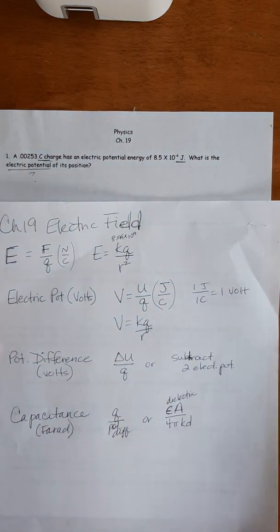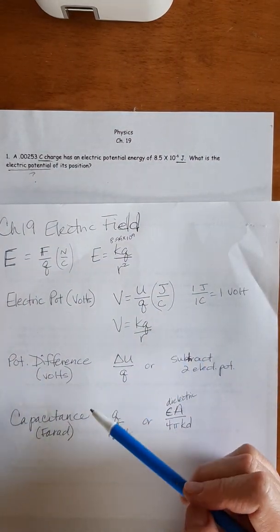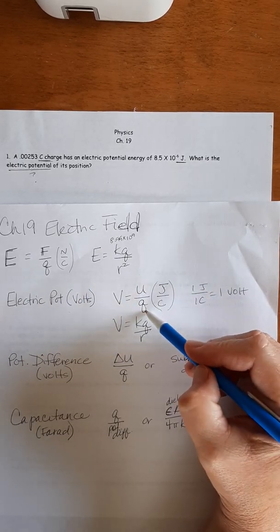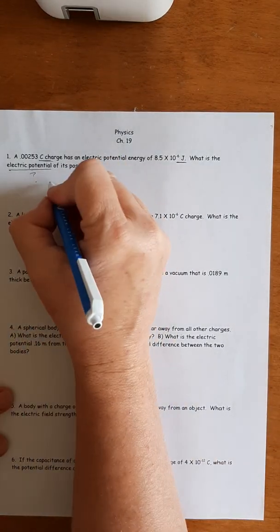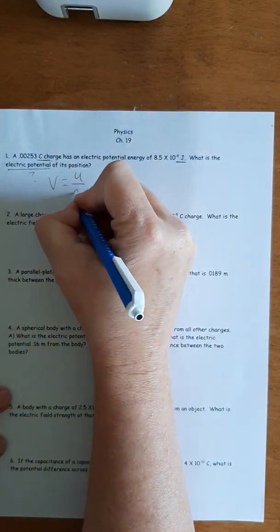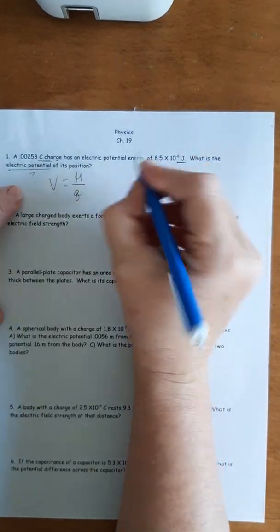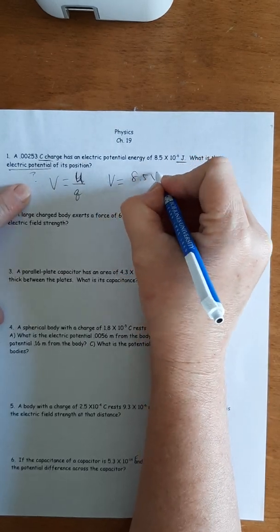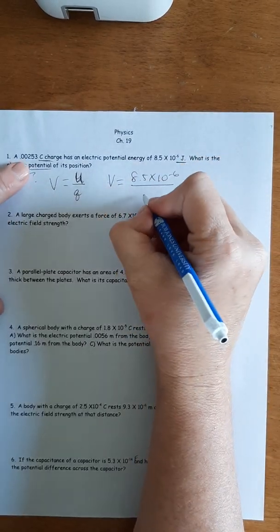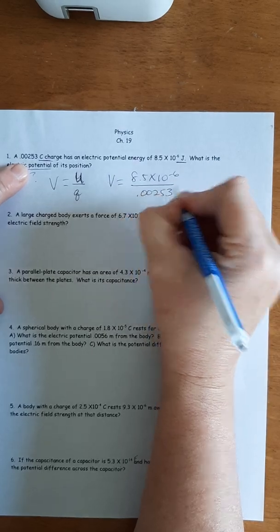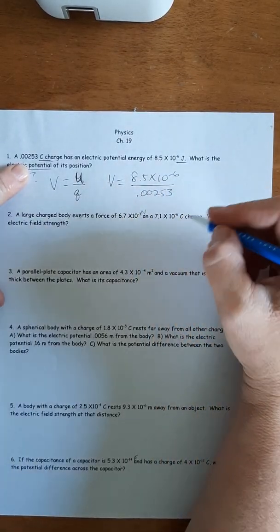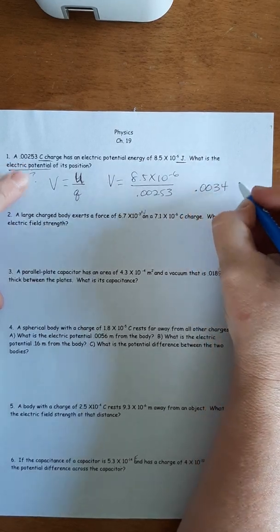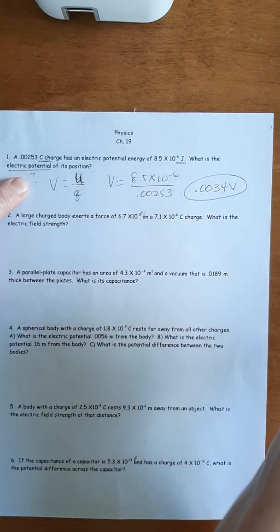So electric potential is going to equal U over Q: potential energy, 8.5 times 10 negative 6 joules, over 0.00253 coulombs. Do your division, and it should be 0.0034. And electric potential is measured in volts.